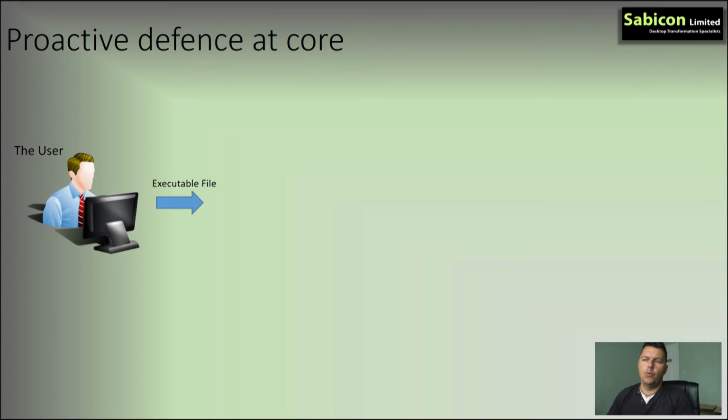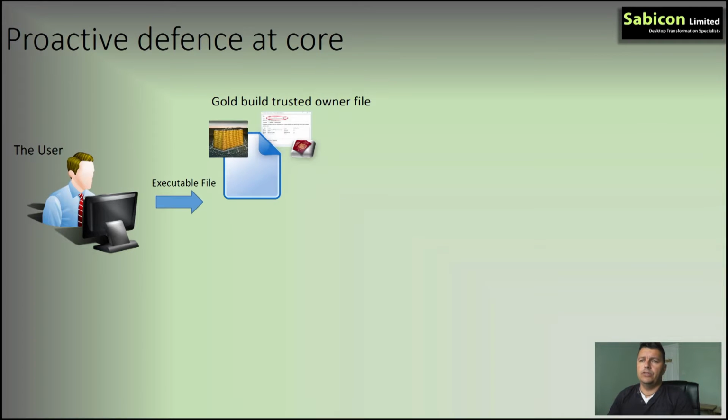Now, we're not talking Word documents or Notepad documents here. They're not executables. The actual executable would be Notepad.exe or Word.exe. So it's the executable files. Now, the user tries to run this file, and the very first thing that we look at is the executable. Take a look at the trusted owner of that file. Who's the owner, the NTFS owner of that file, and take a look at it.